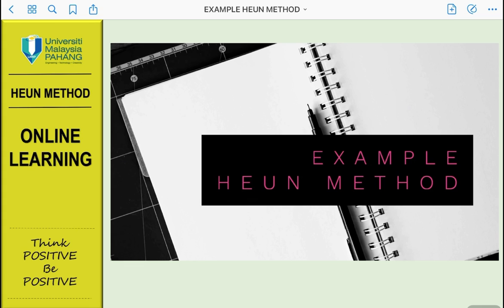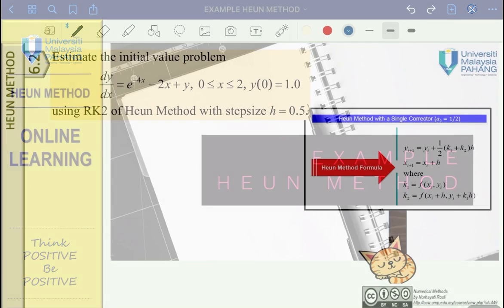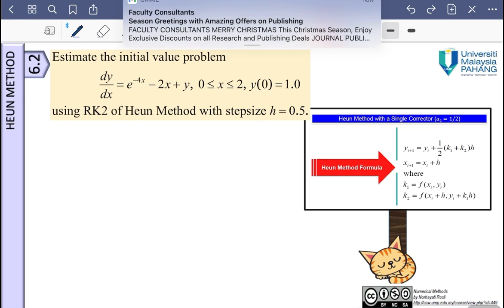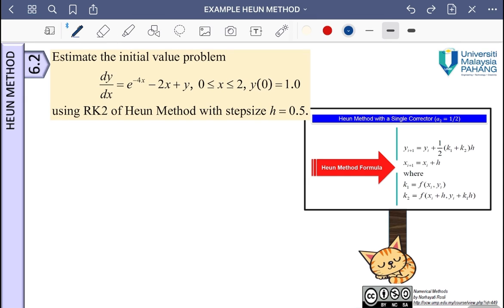So now let's discuss together in detail an example of the HEUN method. Okay, so now let's look at this example. You are asked to estimate the initial value problem for the given dy/dx equal to exponent negative 4x minus 2x plus y, where x is between 0 and 2.